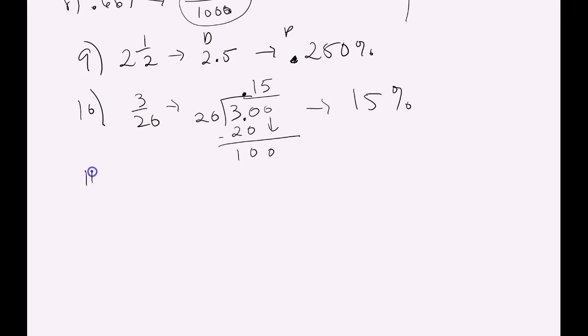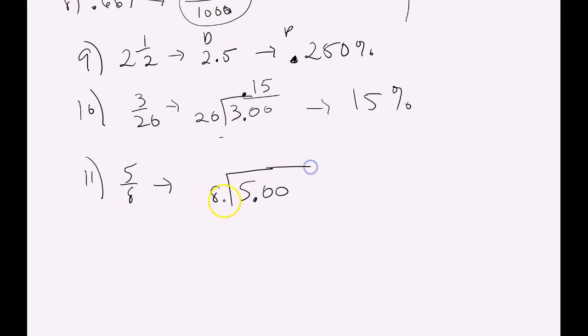All right, number 11. Write them as a decimal. Okay, 5/8 as a decimal we have to divide. So 5 divided by 8. 8 does not go into 5. Okay, so I need to put a decimal point and some zeros. 8 doesn't go into 5, but 8 goes into 50. How many times is that? 6 times. 8 times 6 is 48.